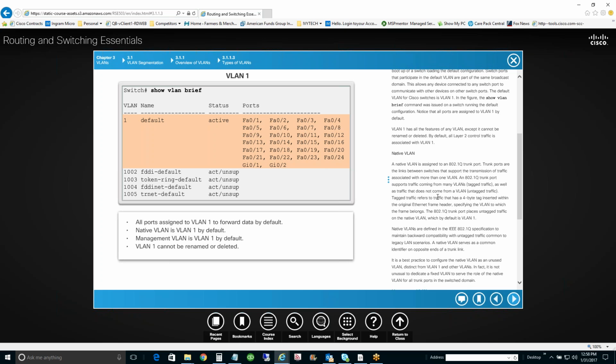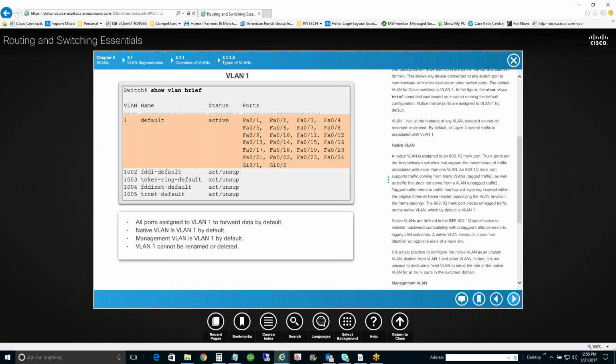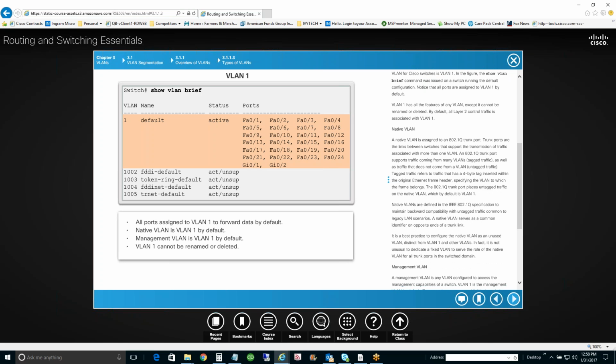If by chance there is a frame that hits the switch that is not tagged, it is considered untagged, and that will be assigned to the native VLAN. Again, the native VLAN by default is VLAN 1. Best practice is that you make it some other VLAN number. A lot of people will make it 99 just to put it way out there, out of the way.